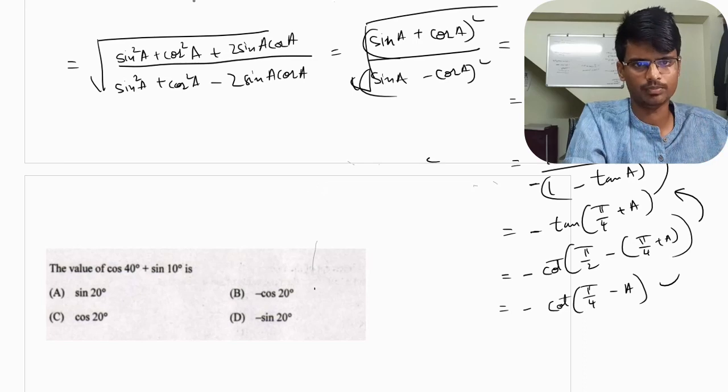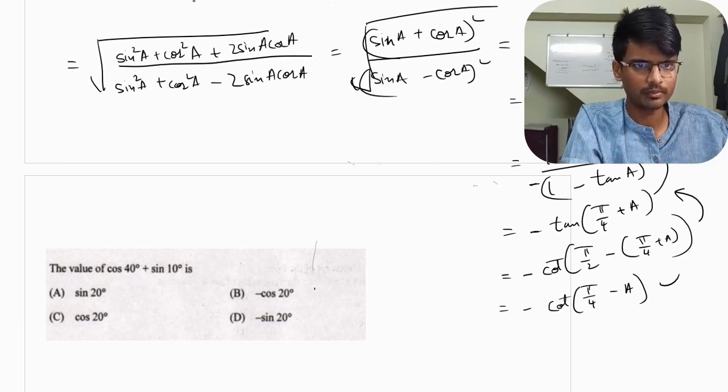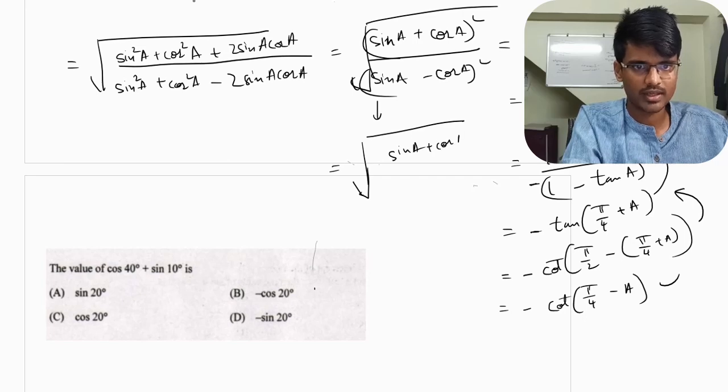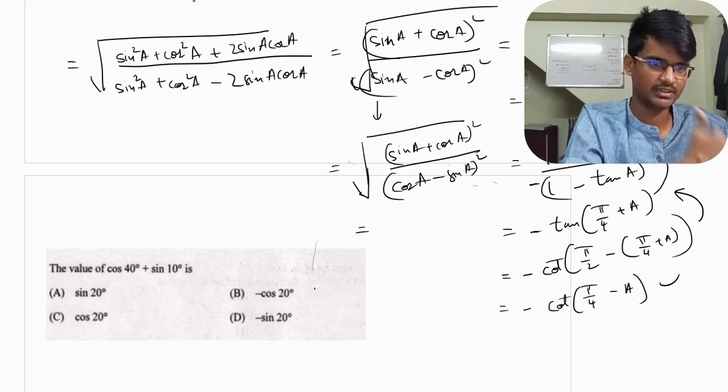I'll tell you what the mistake is. In this step, we can write this in two ways, right? Sin A plus cos A whole square, and I can also write it as cos A minus sin A whole square. I'll get the same thing, but a different answer.